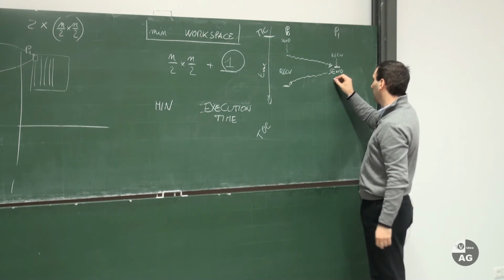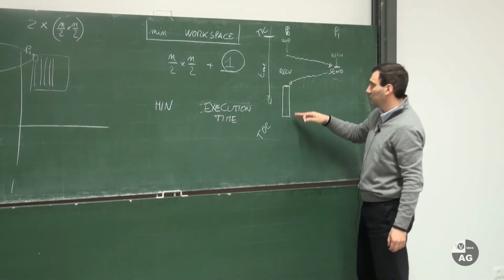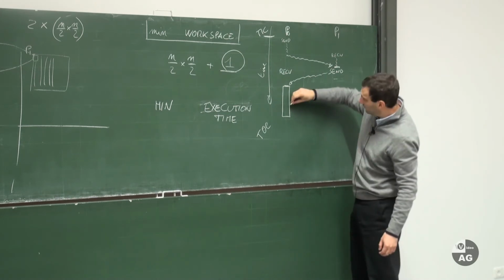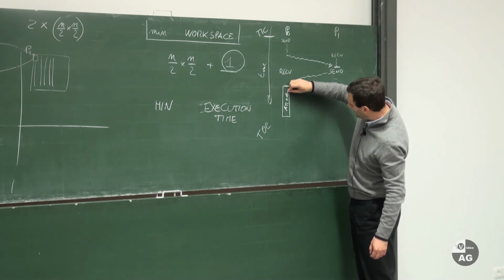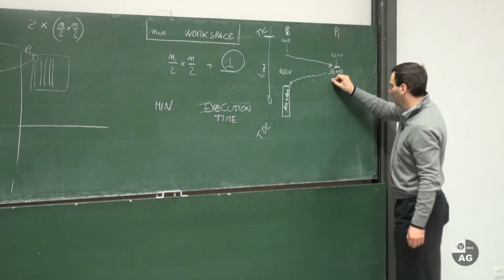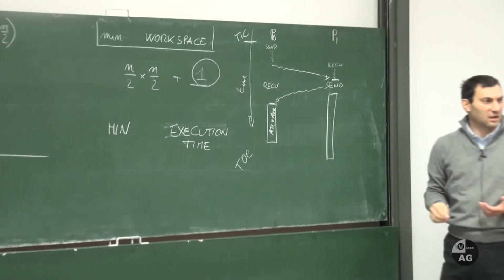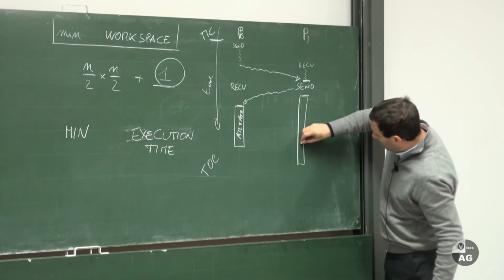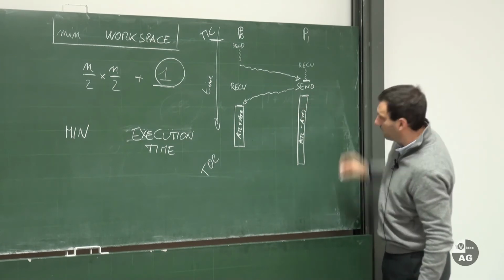So maybe this starts here, this guy starts there, and now they compute. This is finally some computation. This is A top left plus A top right. And here, we cannot assume that they compute at the same rate. Here is A top left minus A top right.